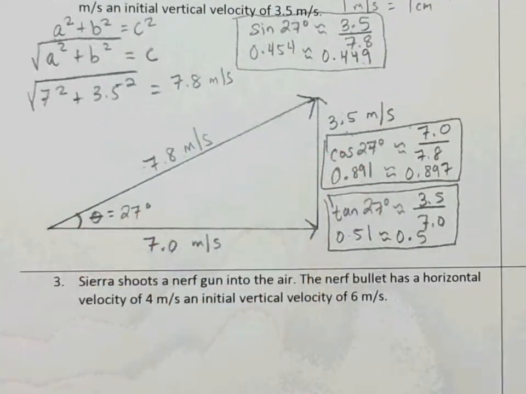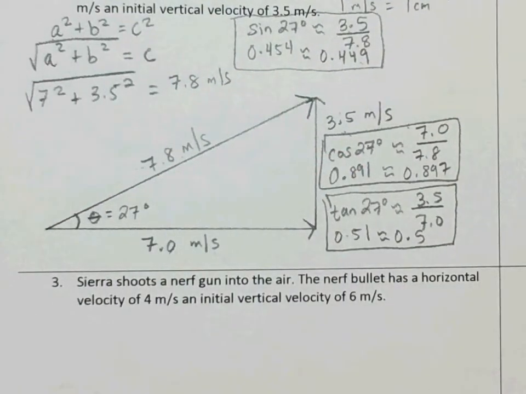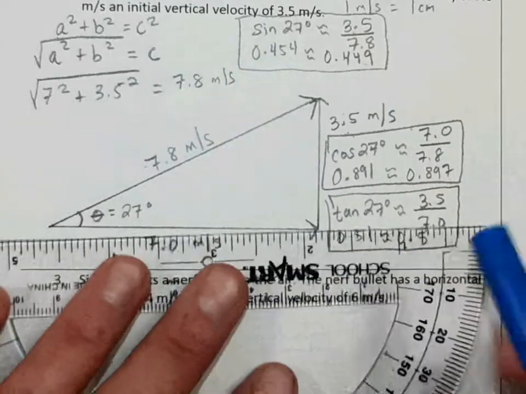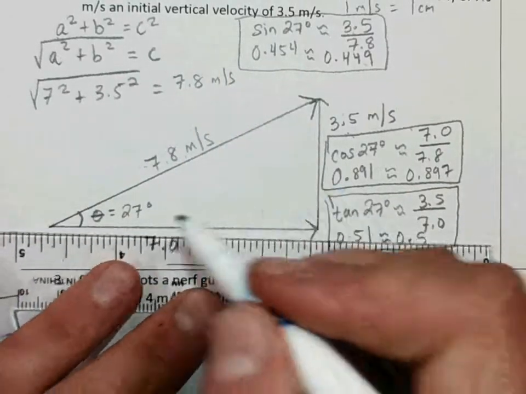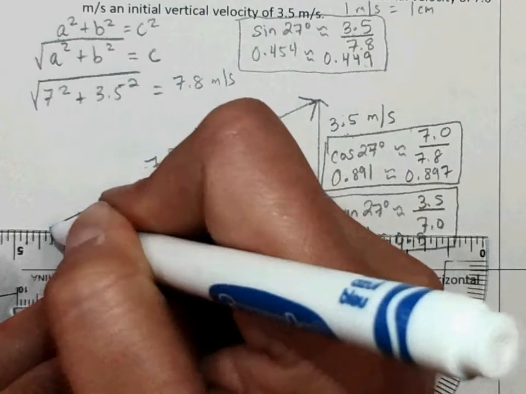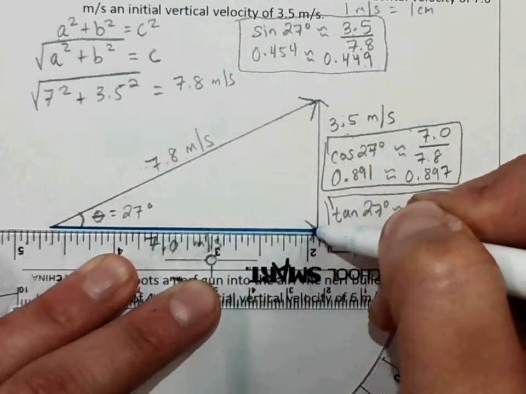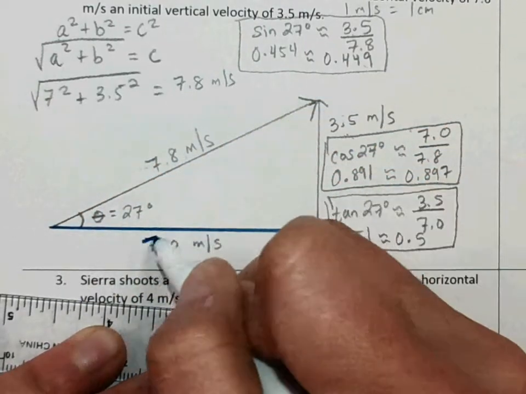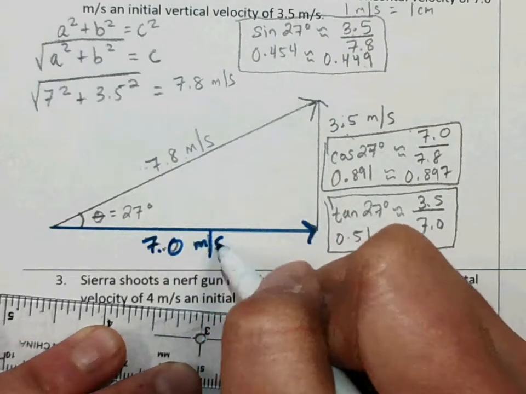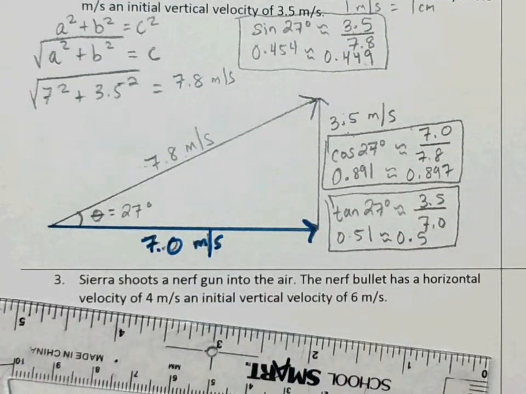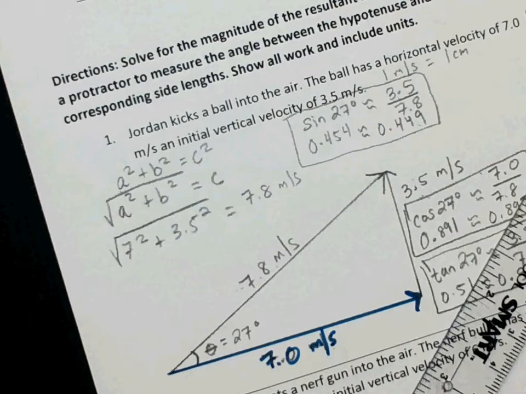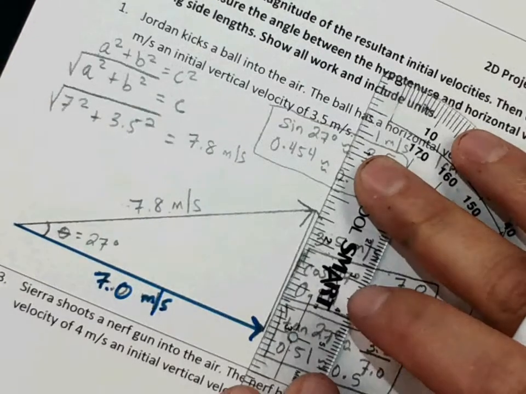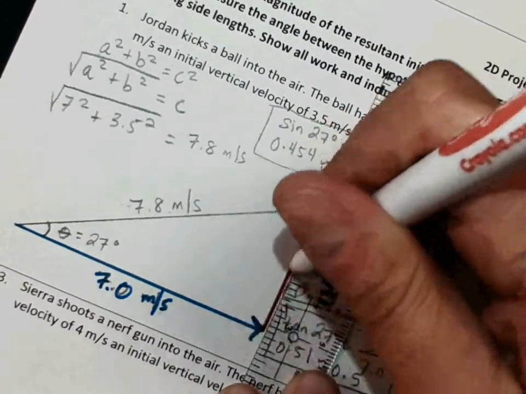Now for the last part, we are going to highlight these vectors using our 3 colors. So just using the flat edge of the protractor, I will highlight this vector. This is my 7.0 meter per second vector. I will highlight my vertical vector, the 3.5 meter per second vector.